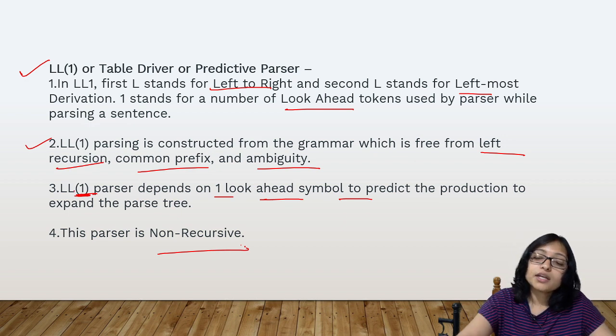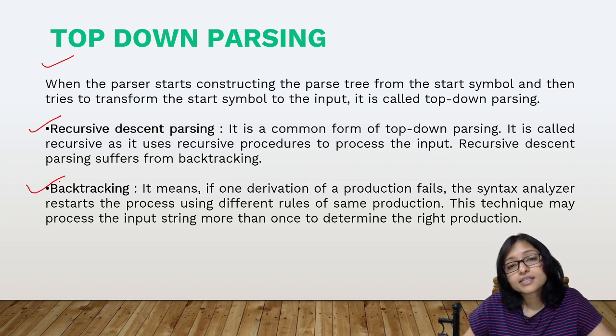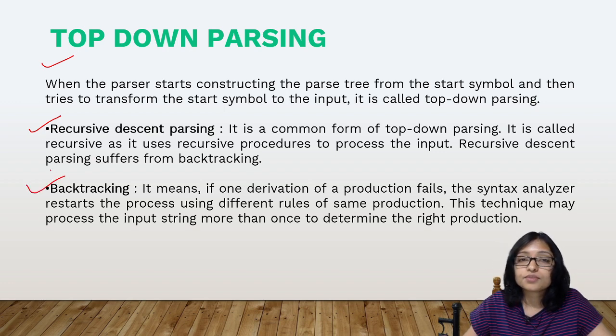Okay. Next one is the top-down parser. For the top-down parser, there are two types. One is recursive descent and another is backtracking. Recursive descent means the common top-down parsing.